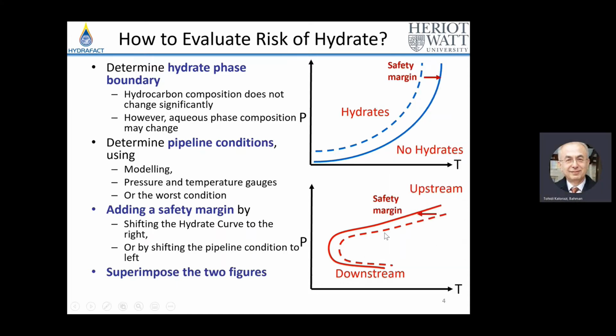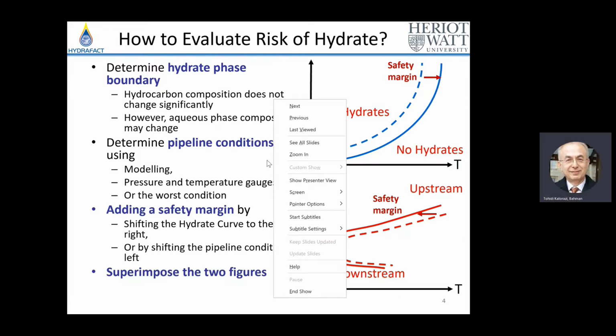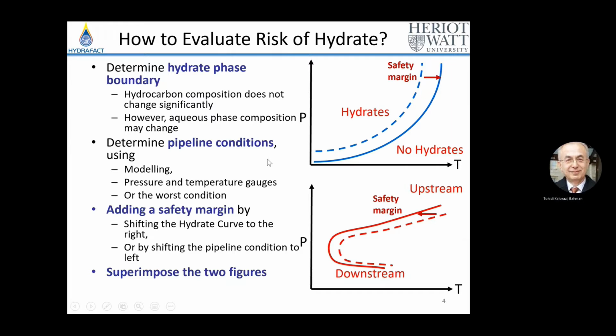So how do we determine this? By modeling, or pressure and temperature gauges, or just assume the worst condition. The worst condition would be the maximum pressure of the pipeline and the minimum seabed temperature.